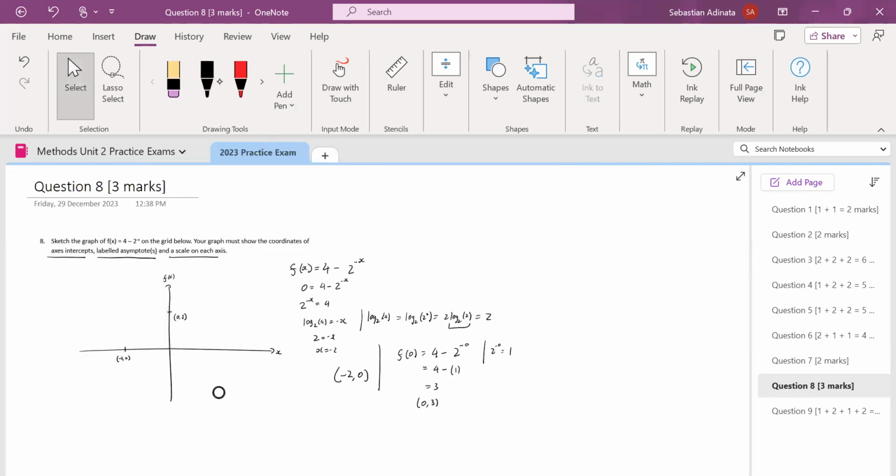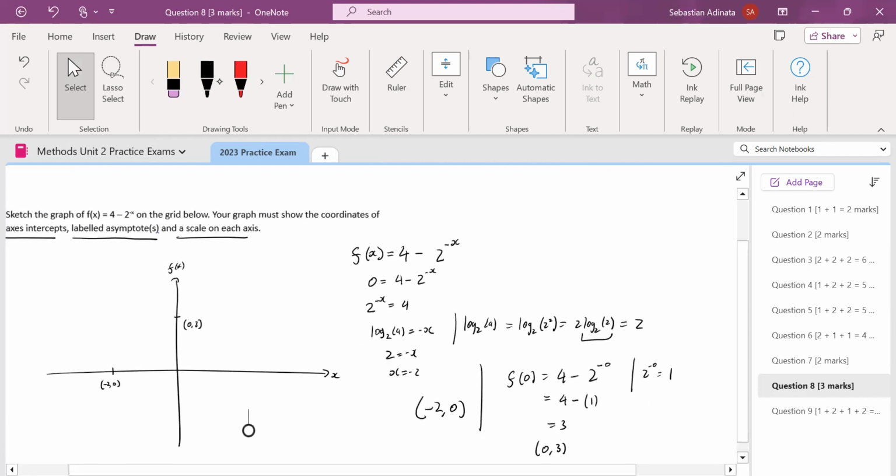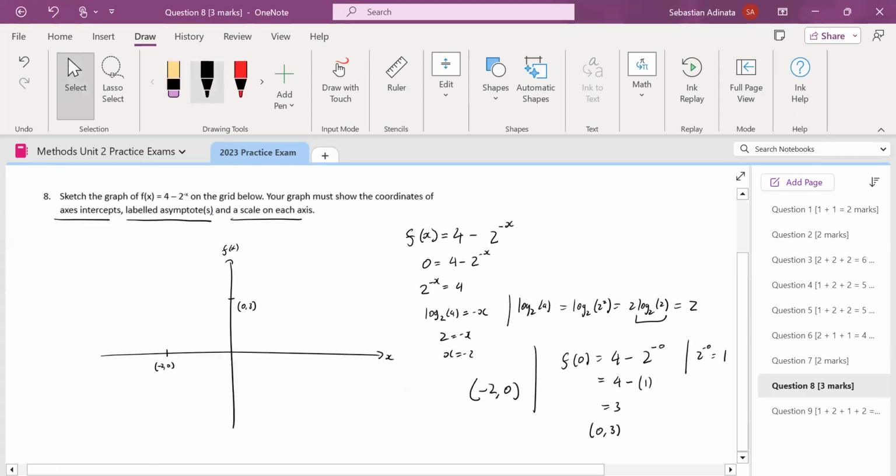We're not even focusing on the shape at the moment, but let's think of an asymptote. What is the asymptote of an exponential? They will look something like this. But long story short, an exponential can never equal 0.